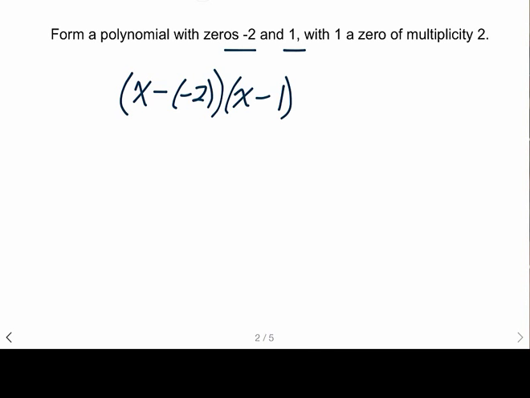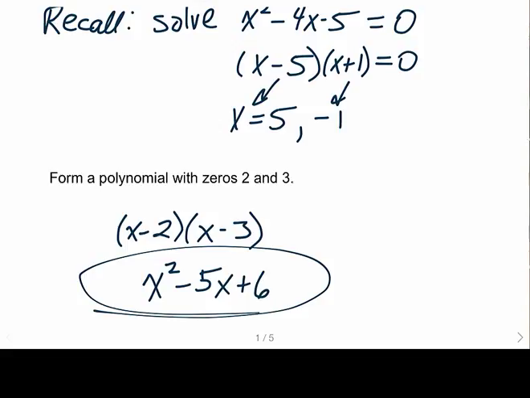Let's back up. When we were solving that original quadratic, we had factors of x minus 5 and x plus 1, and remember when you solve those, because you're setting them equal to 0, you end up adding or subtracting appropriately. We change the sign on the answer, right?